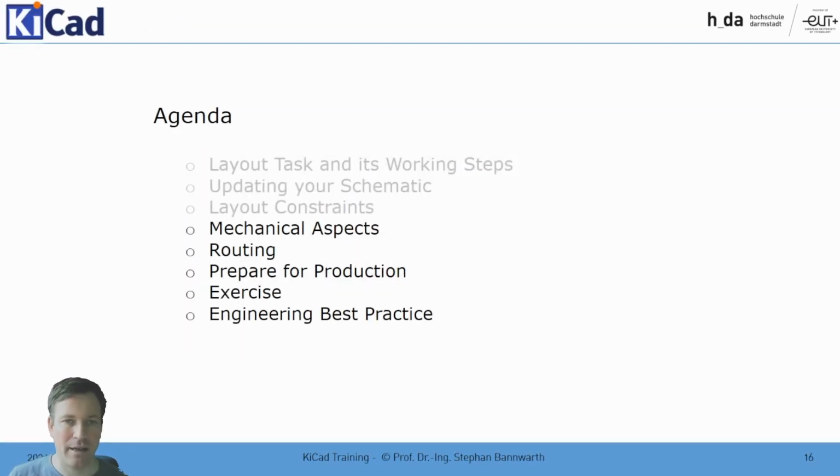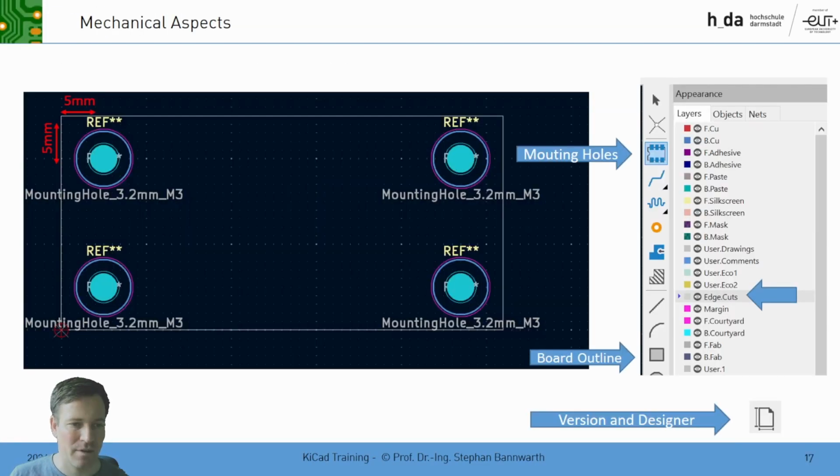Now we enter the mechanical aspects into our board. What we draw in our layout editor is the outline of the board, here in gray. To do this, we have to select edge cuts and draw the board outline dimension as a rectangle. And then we place the mounting holes, the M3. They should always be in the corner, 5 by 5.